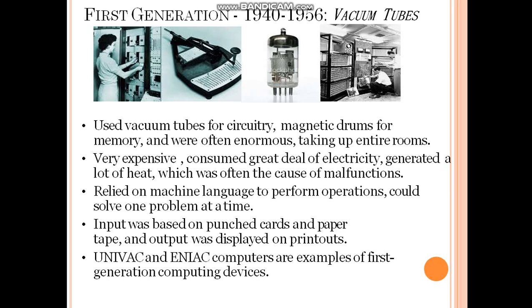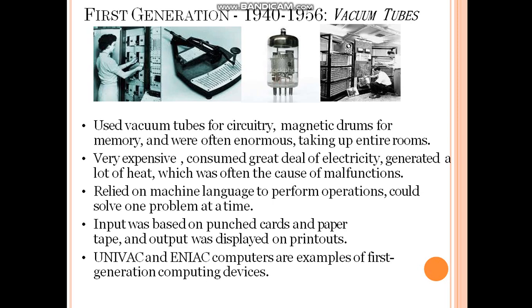The first generation of computers were in 1940 to 1956. You have to remember this date, that first generation of computer is between 1940 and 1956. The major technology that is used in the first generation of computer is the vacuum tubes.